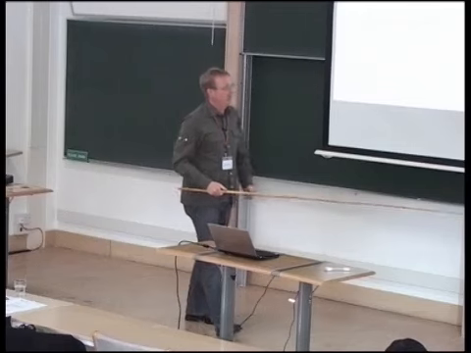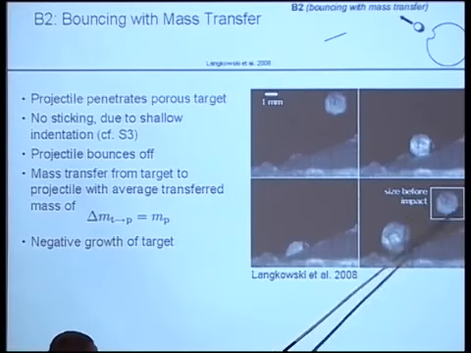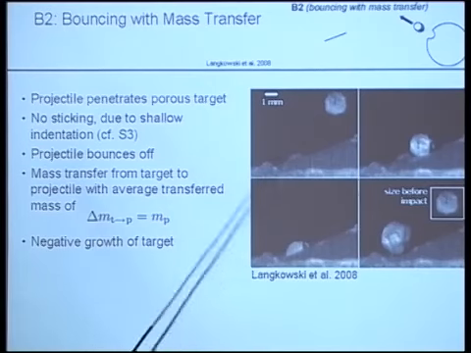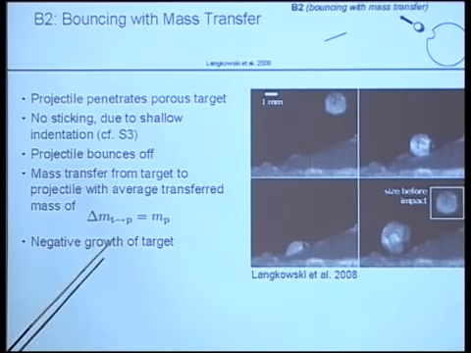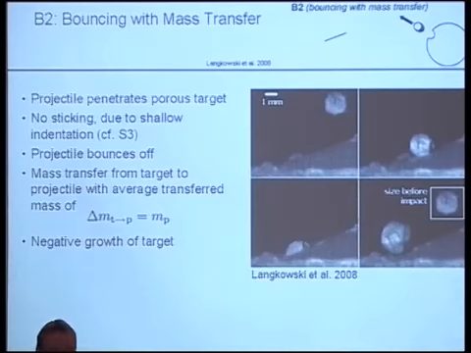Okay? Why do we care? We do care because this guy, compared to that guy, which is copied in here, is much bigger, as you can see. So this took mass away, typically a factor of 2 of its own mass. So it doubles its mass in a bouncing collision. And this is only valid if this large target aggregate is porous.